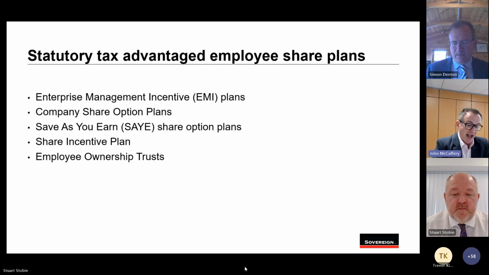An EMI has to be in the top company in a group. It cannot be in a company that is under the control of another company. The gross assets of that company can't be more than 29 million, excluding intercompany balances. What it allows you to do is issue shares.